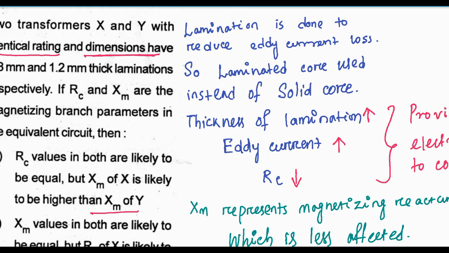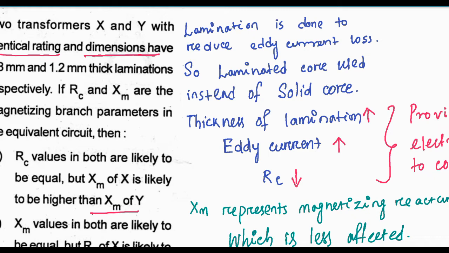So to reduce that eddy current loss, we go for lamination. If the thickness of lamination increases, eddy current will increase, because the current will find more path to flow and it will cause eddy current loss.